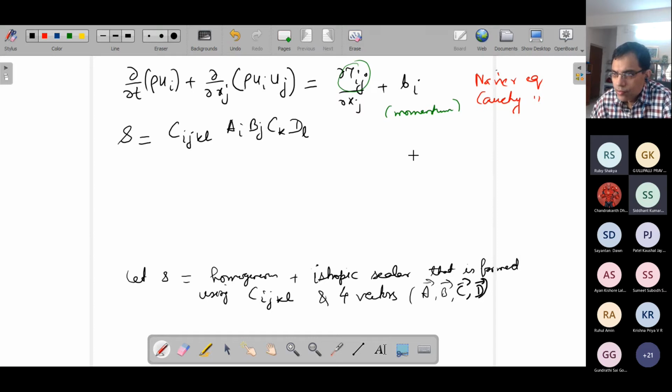Once you have this as the scalar, and a homogeneous and isotropic scalar, or homogeneous you do not write separately, but whatever coefficients come out, you just consider that they are not functions of position.